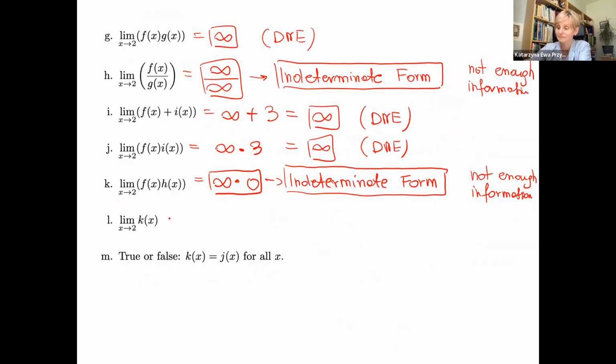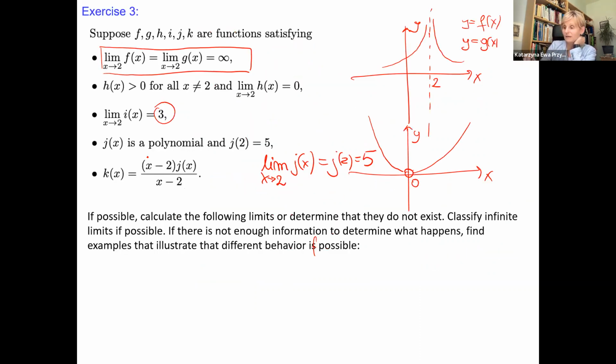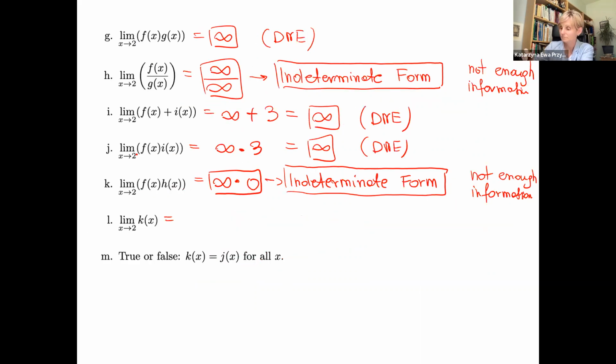And what was the limit of k of x? What do we know about k? Oh, that's a function. Let's copy the function. This will be the limit as x goes to 2, x minus 2, and then k. Oh, no, that was f of x, right?